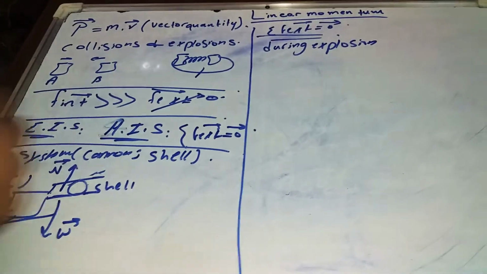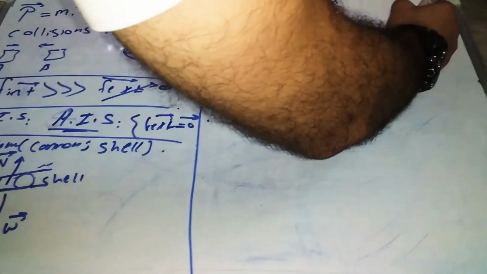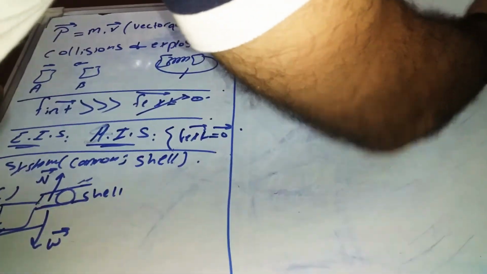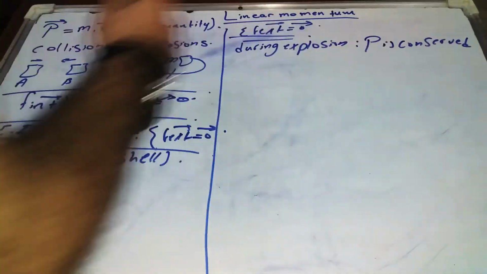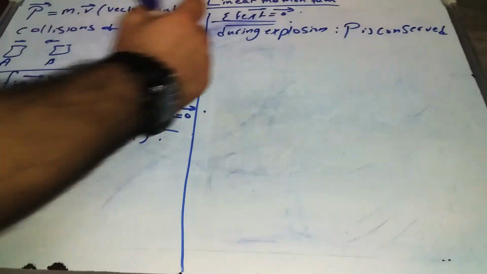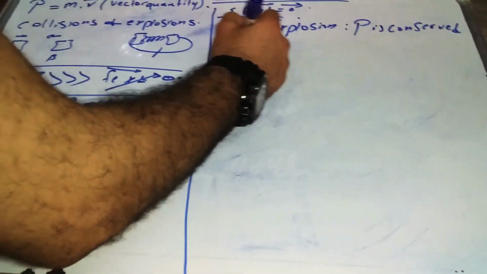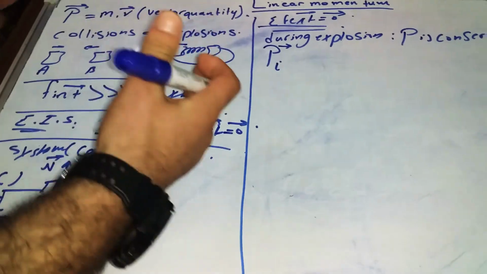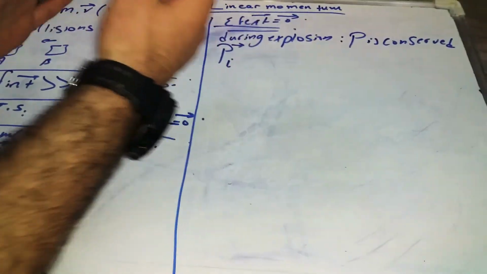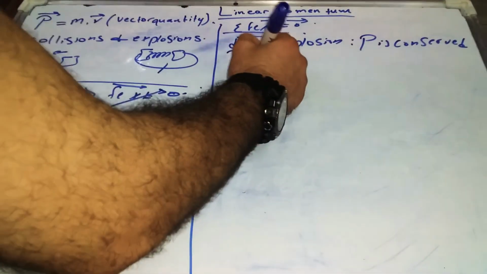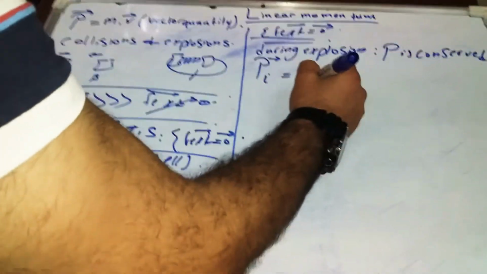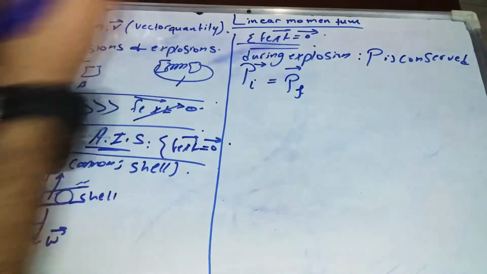Because the system is a mechanically isolated system, and we have an explosion, during the explosion we can say that P is conserved. What does that mean? This means that the total linear momentum before the collision is equal to the linear momentum after the collision.